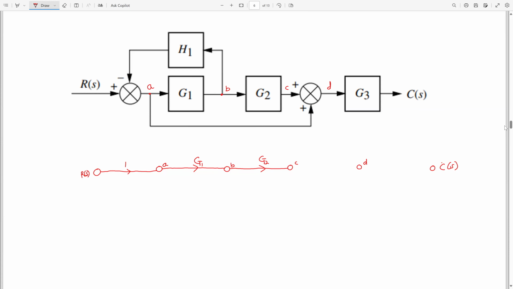So this node is a signal D, right? And that signal D is the output of this summing junction here. So we are going to draw this C to D.